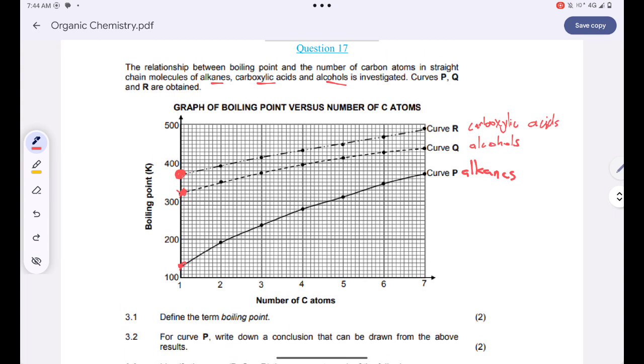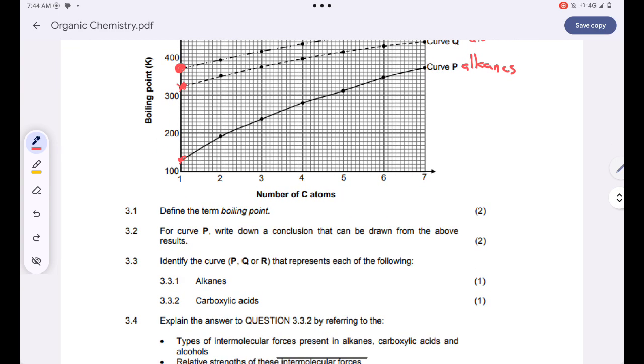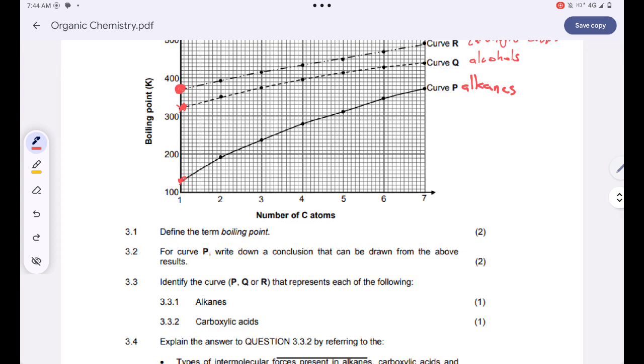Remember that, guys, in this question we are investigating the relationship between boiling point and the number of carbons in straight chains. Okay, the conclusion will be that the longer the chain, the greater the boiling point.